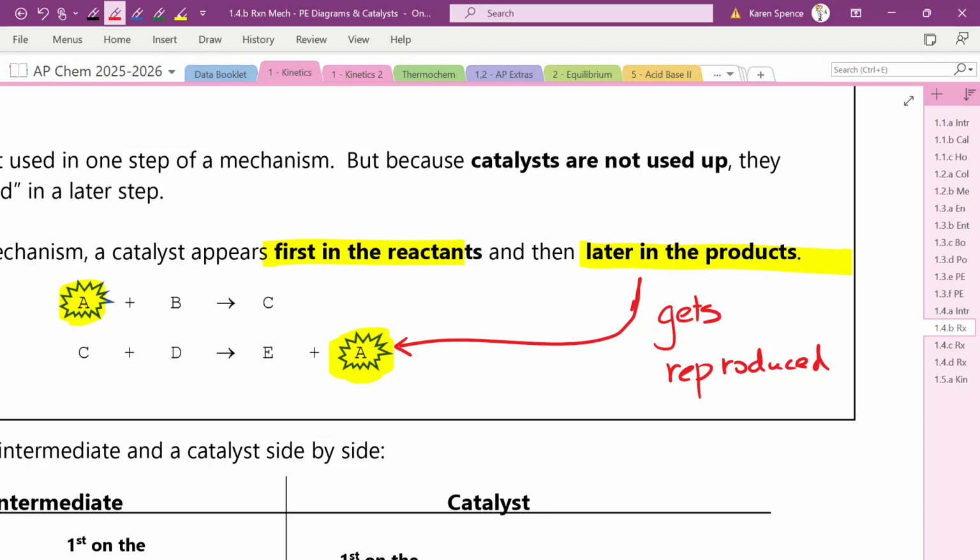And that was due to some chlorofluorocarbons, because chlorofluorocarbons are a catalyst for the breakdown of ozone. And so they would go up to the ozone layer of the atmosphere, and they would catalyze ozone breaking down into oxygen.